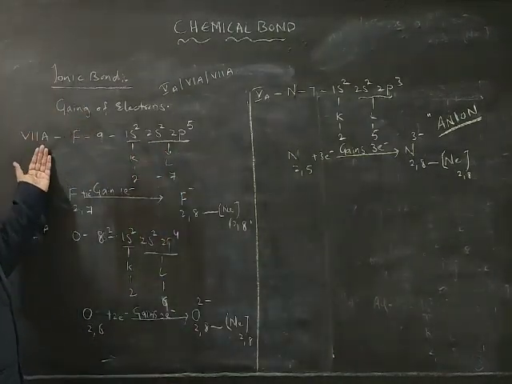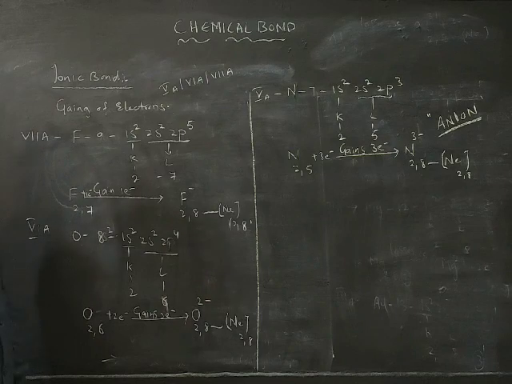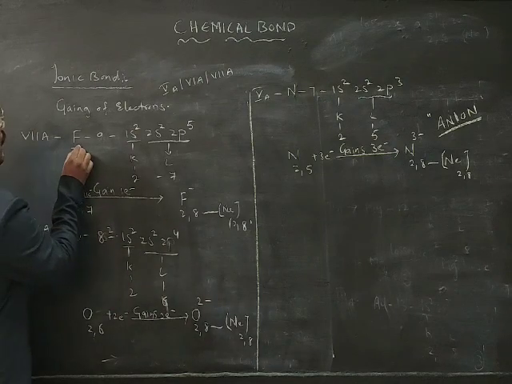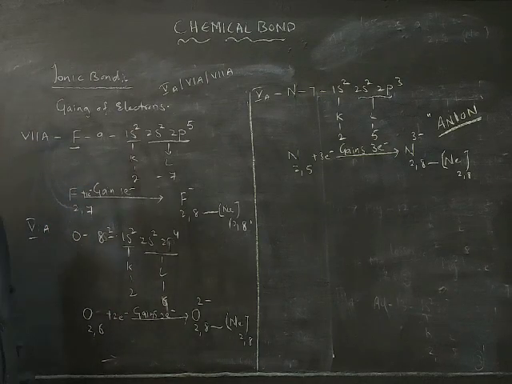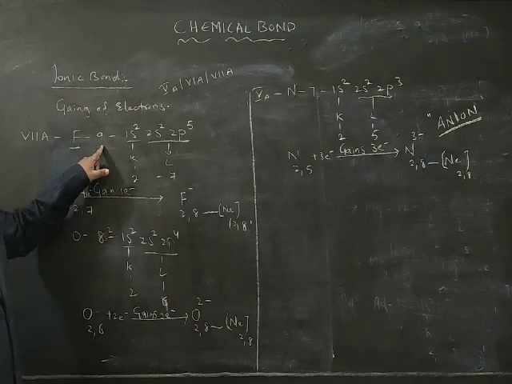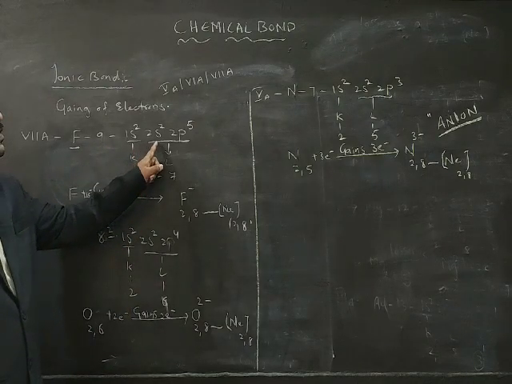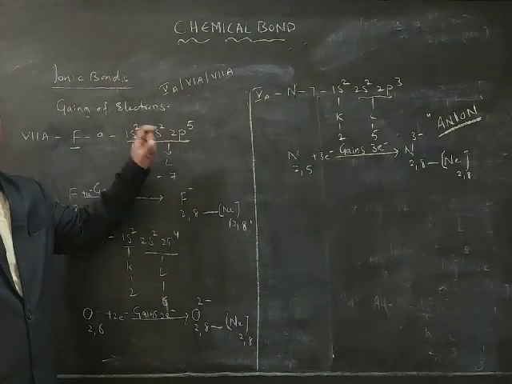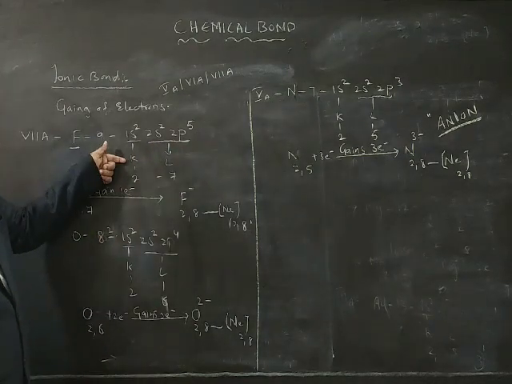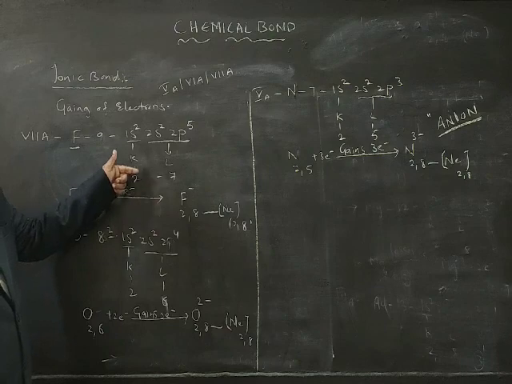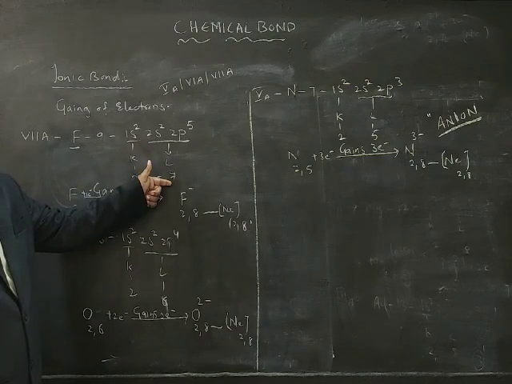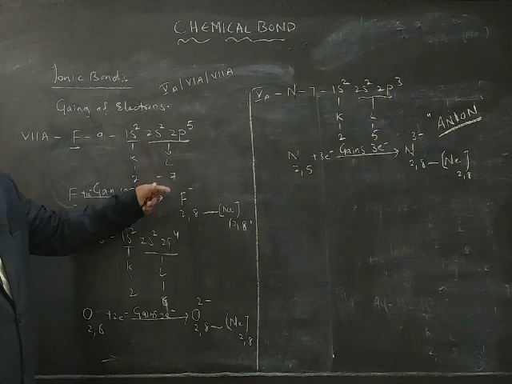Coming to the 7th A group elements, first I have taken an element called fluorine, whose atomic number is 9. Electronic configuration is 1s2, 2s2, 2p5. The first shell has 2 electrons. The second shell, L shell, has 7 electrons.